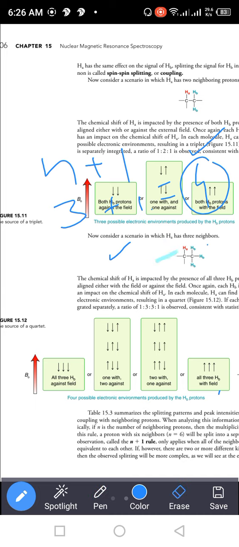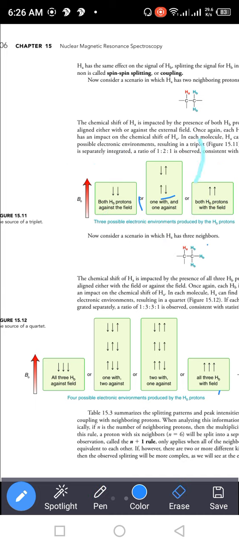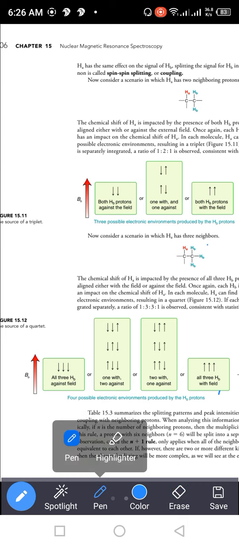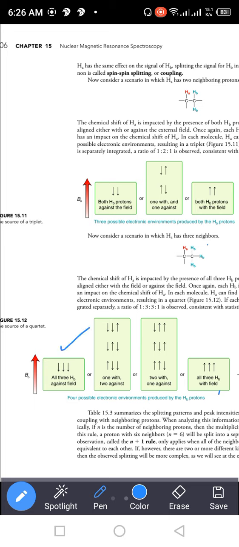The 4 possibilities are represented in the diagram. In the first possibility, because Ha has 3 neighbor protons, 3 arrows are represented downward with respect to the external magnetic field, because the external magnetic field has an upward direction, and these 3 neighbor protons have a downward direction. So this is one possibility.